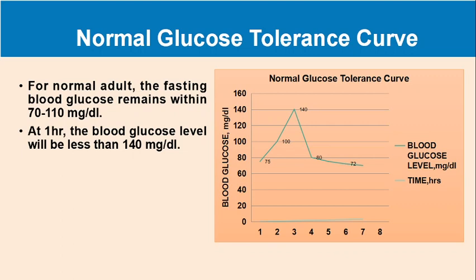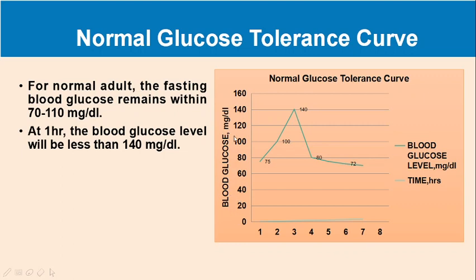After the glucose load the value will be less than 140 milligram at 1 hour, and the increased blood glucose level will return to normal within 2 to 2.5 hours. Within this 2 to 2.5 hours, the increased 140 milligram per dl will come back to the normal fasting range. This type of curve obtained is called the normal glucose tolerance curve.